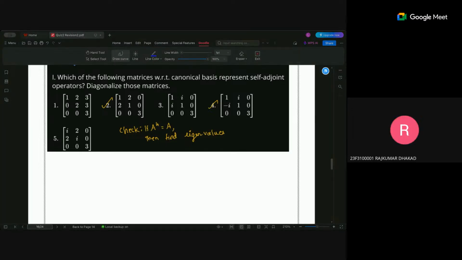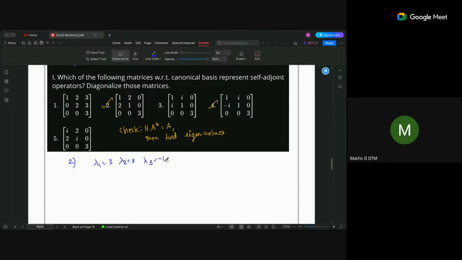Is anyone saying 3? Yeah? 3, 3, 3. Are you saying all are 3? No, 3, 3, minus 1. Good. So the eigenvalues for 2 are 3, 3, minus 1. And what are the corresponding eigenvectors is the next step.